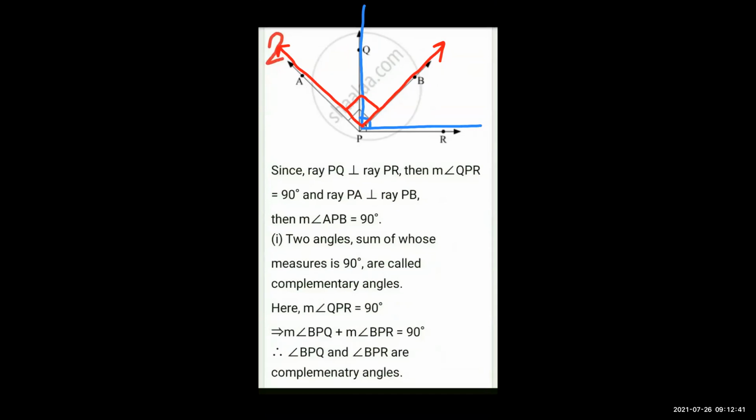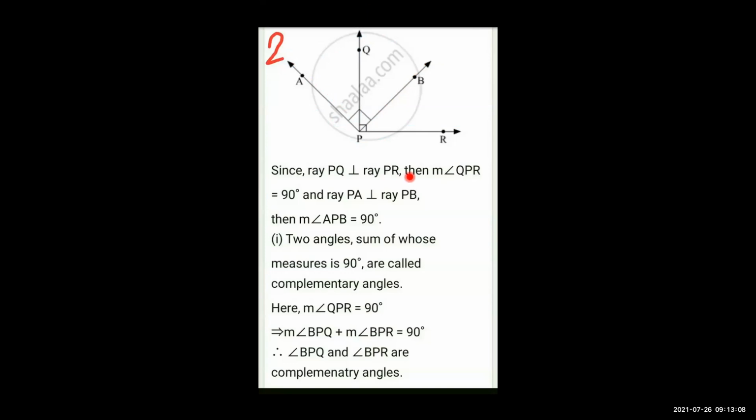When two angles measure together 90 degrees, they are called complementary angles. Now, which are the angles that measure 90 degrees? Ray PQ is perpendicular to ray PR.